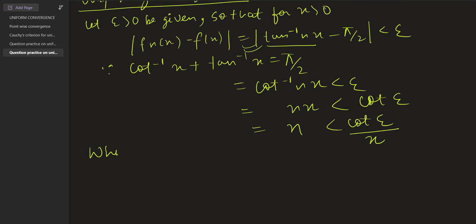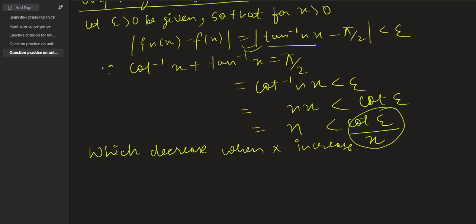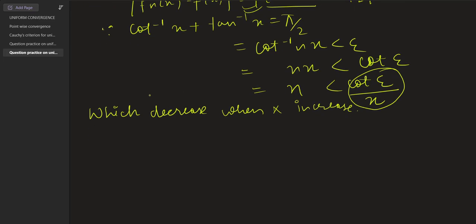which again we can find the maximum value of, as this function decreases when x increases. So what is the initial value of x here? Here x belongs to (a, b). So when x increases from a to b, this value decreases.